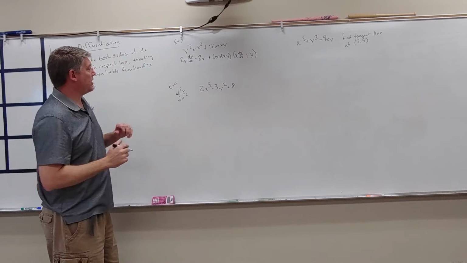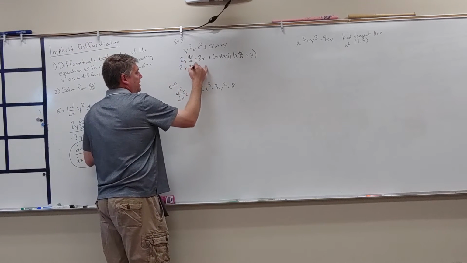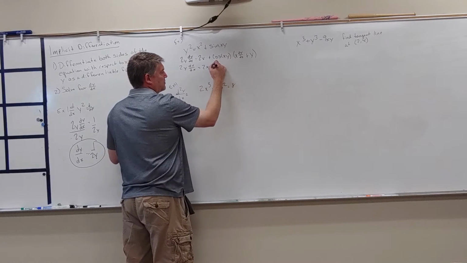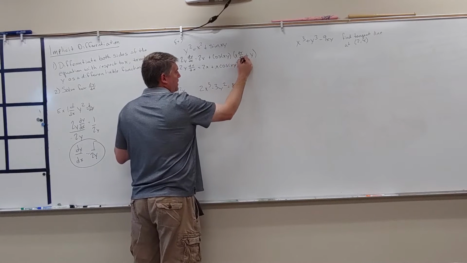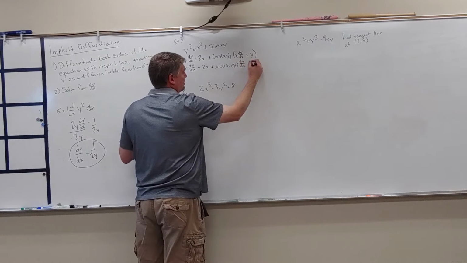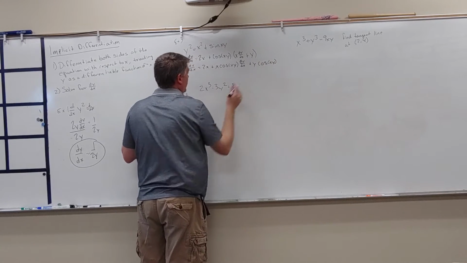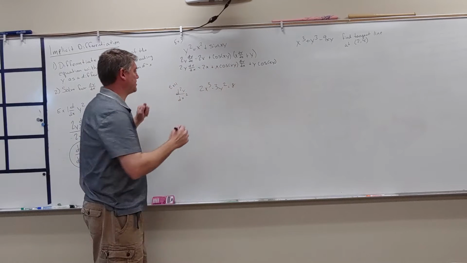All right, so now I'm just going to do a little simplifying here. 2y dy/dx equals 2x, plus x cosine xy dy/dx plus y cosine of xy. So I need to move this cosine term to the other side.